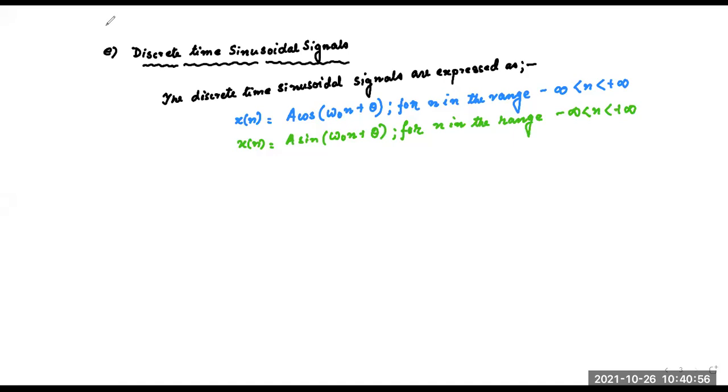Now, where omega 0 is called frequency in radians per sample.